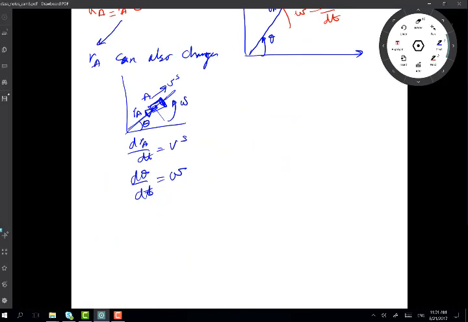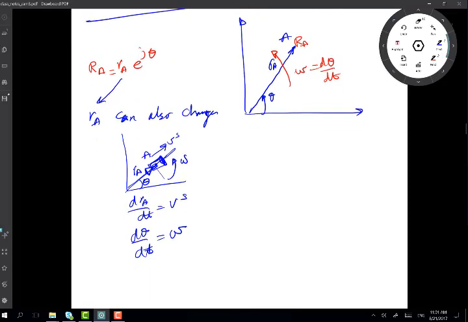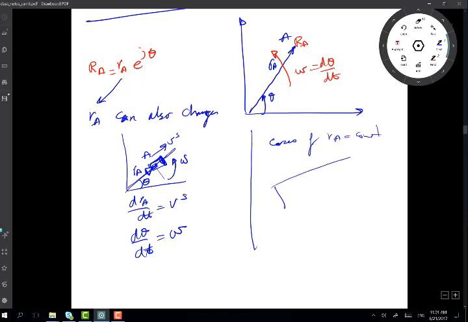Okay, but first I'm going to start with the case where sliding does not occur, the case of RA equal constant, like a 4-bar chain. So the 4-bar chain is like that. That's an example.